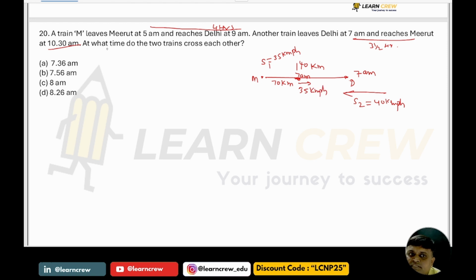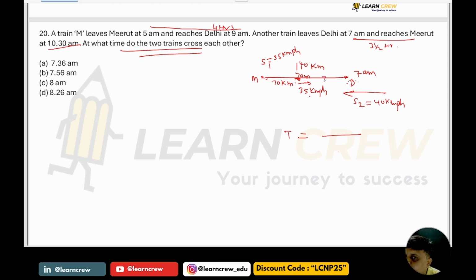Now the question is, how much time will it take for both the trains? Both the trains are moving in opposite directions. Time is equal to distance by speed. The relative distance between them now is 70, since the total is 140.